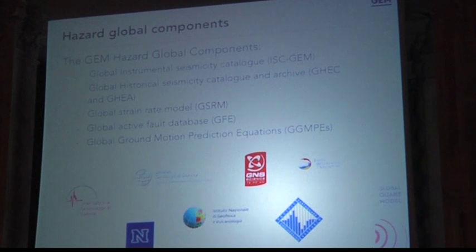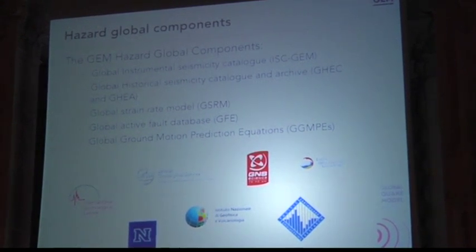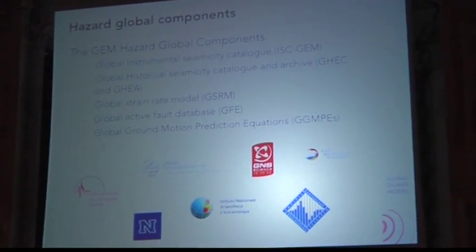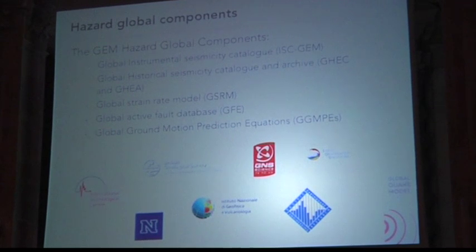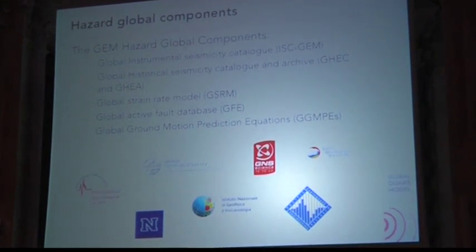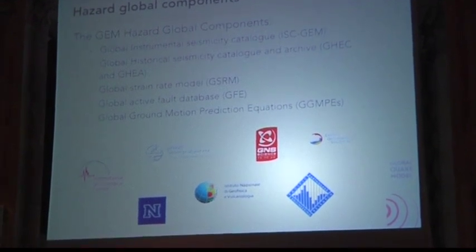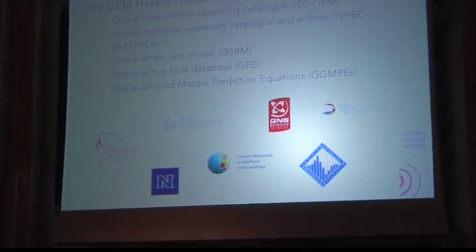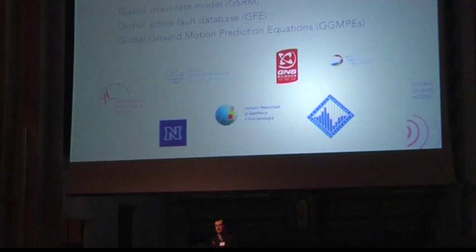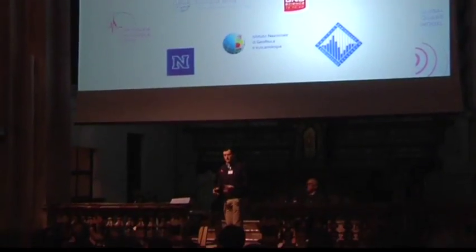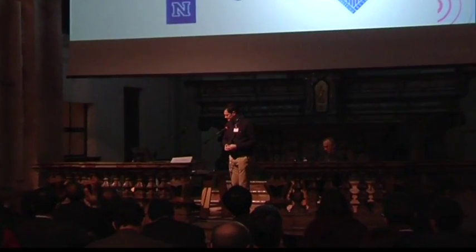And in order to support these aspects, GEM, during the first implementation phase, sponsored 5 big global projects that generated data sets and guidelines, helping the modelers in the collection of basic information and guiding the modeler in the creation of components of a model.